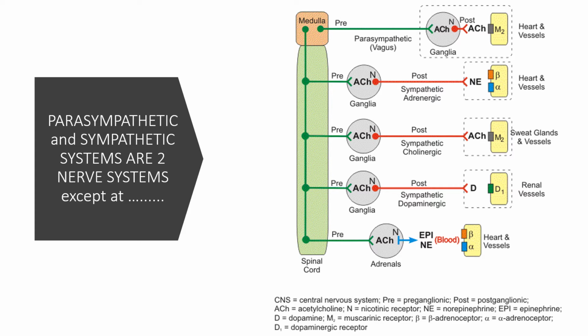And then there's a postganglionic nerve that then goes to the different organs. And what do they use as their neurotransmitter at the organ, at the synapse between the nerve and the organs? Well, norepinephrine, sometimes epinephrine, as you'll see at the bottom there.